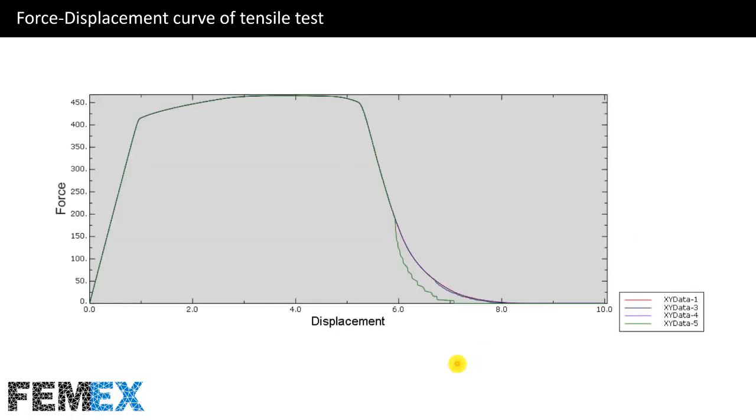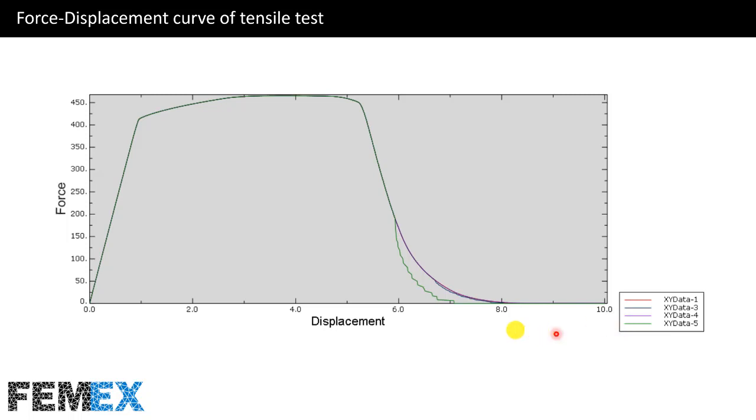Here, you can see the force displacement curve of 4 simulations. The red curve is related to Model 1, the blue curve is related to Model 3, the purple curve is related to Model 4, and the green curve is related to Model 5.